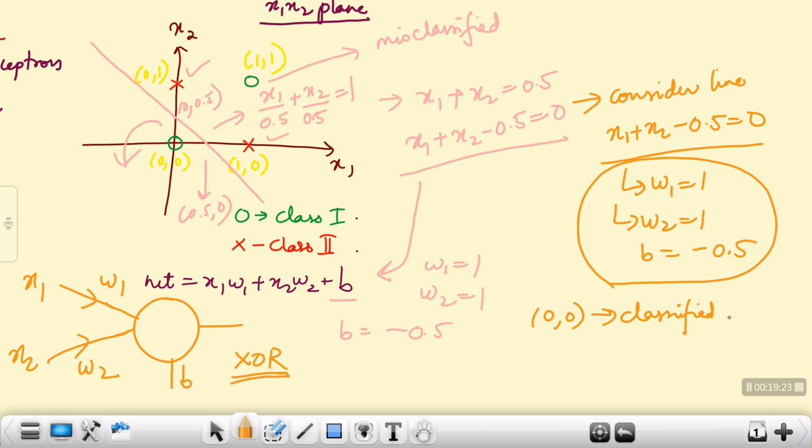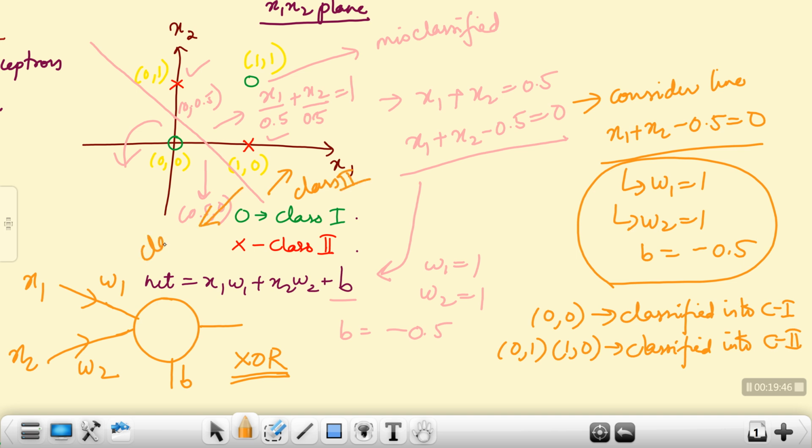By using this, 0, 0 is classified into class 1, then 0, 1 and 1, 0 are classified into class 2. So whatever lies on this side will be class 2, and whatever lies on this side will be class 1.